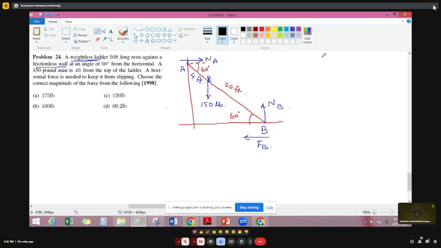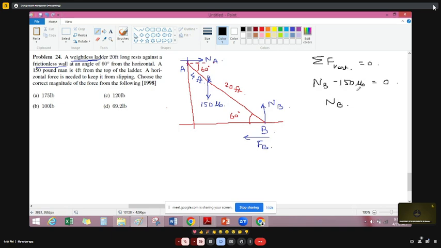if I'm not convinced, I can go step by step. Sigma F vertical is equal to 0. That means NB minus 150 pounds is equal to 0. Actually, I should multiply by gravity, but to keep it simpler, since their answer is given in pounds, I'm not going to multiply by g.